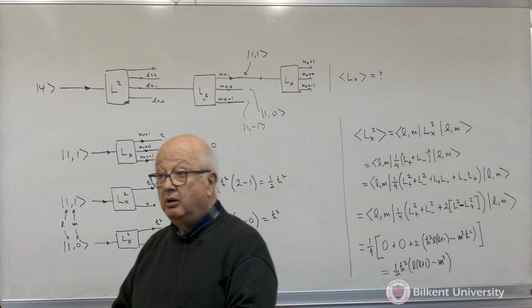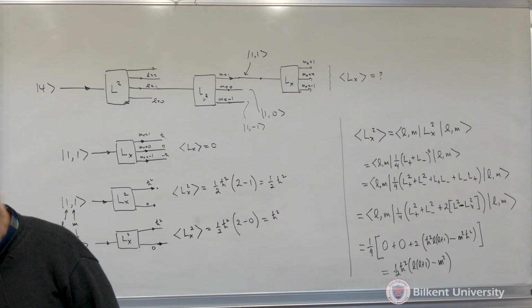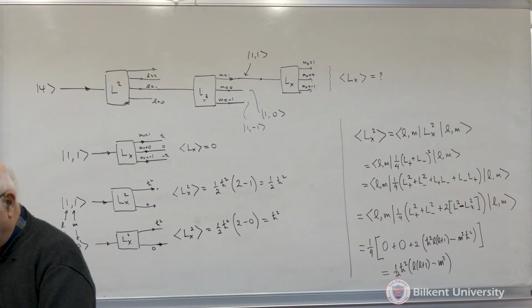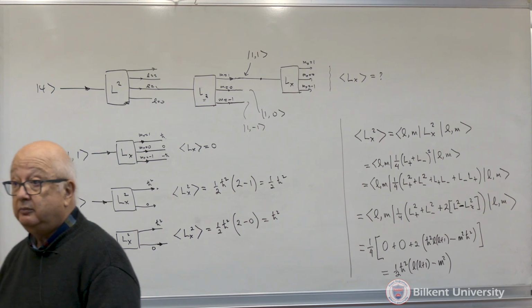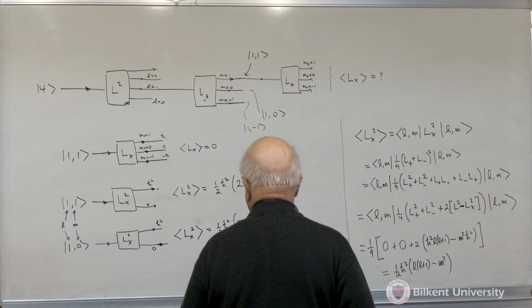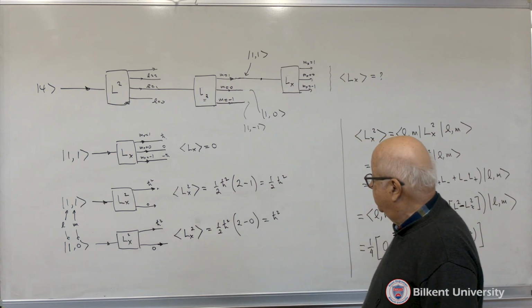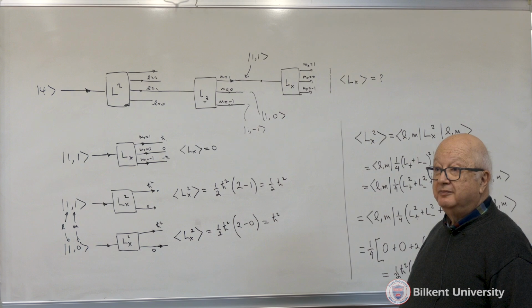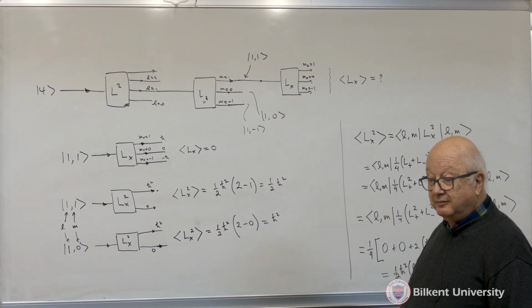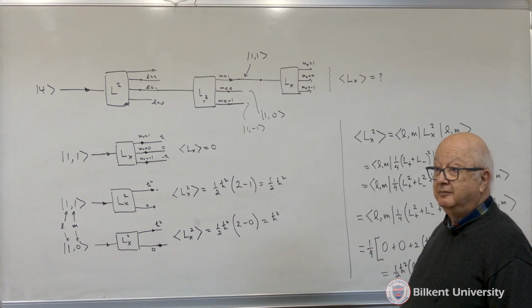There's something interesting in this. Let's hear about that. When we get 1, 0, the maximum value of L squared we can get is h bar squared. But the expectation value is also h bar squared. Very good. So we must deterministically get h bar squared in there. But we also have a y direction.